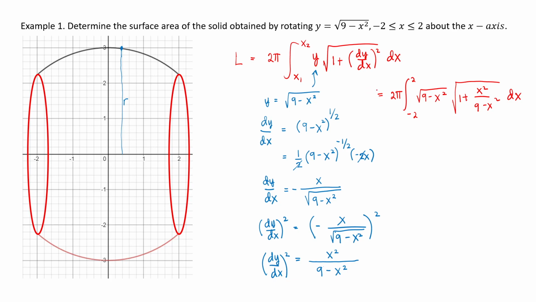Again, if you try this difficult equation in your calculator, the calculator will probably have a hard time solving it because it's too complicated. So what we need to do is simplify our equation.